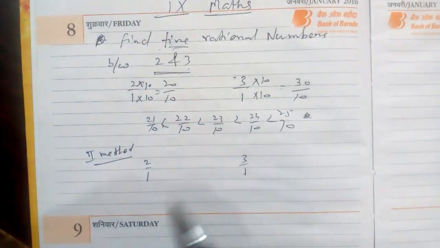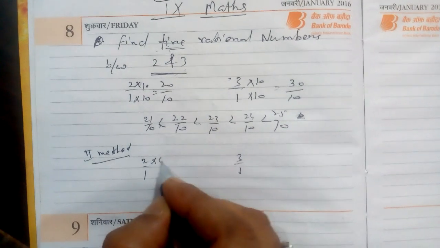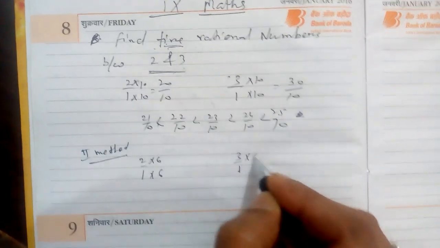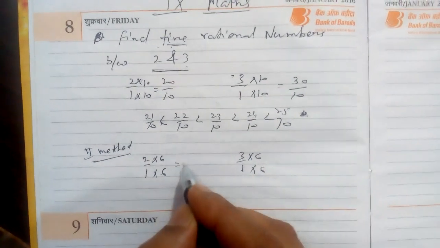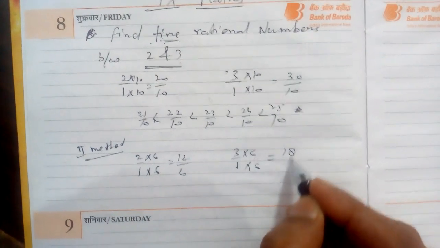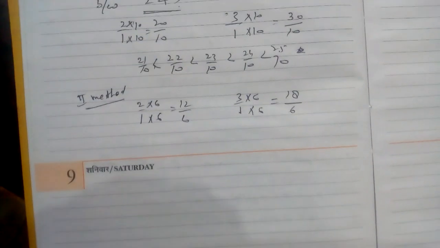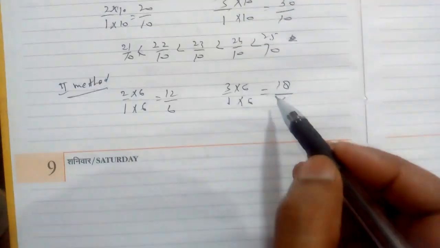So 1 more than 5, 5 plus 1, 6. So you multiply both by 6. You are getting 12 by 6 and 3 times 6 is 18 by 6.